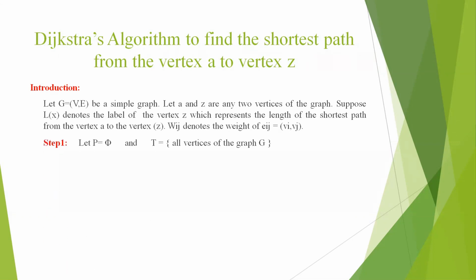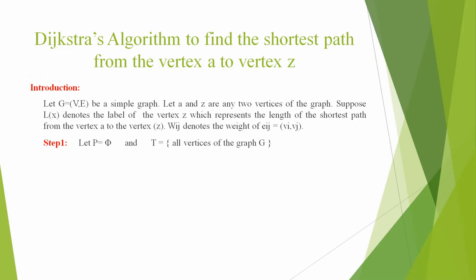So in the first step of Dijkstra algorithm, they define two different classes. Class names are P and T. P equals phi initially, where P is a set of those vertices which have permanent labels, and T is another class.